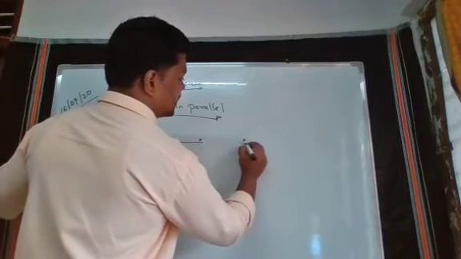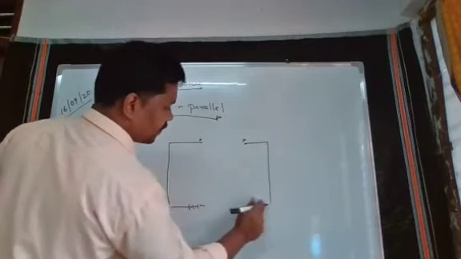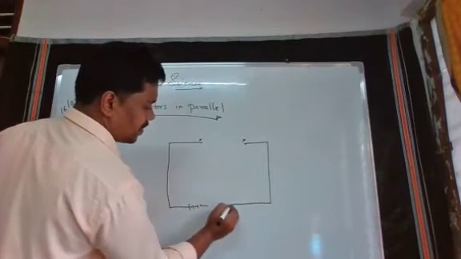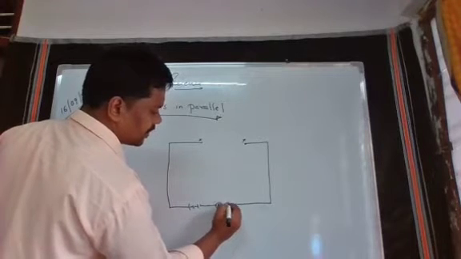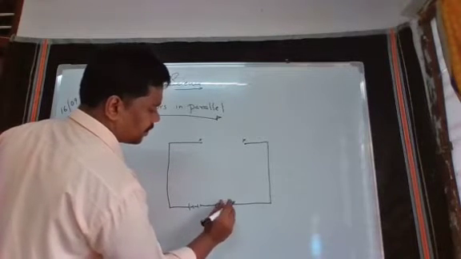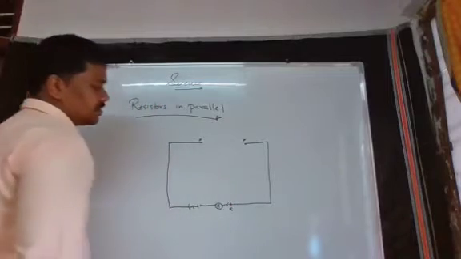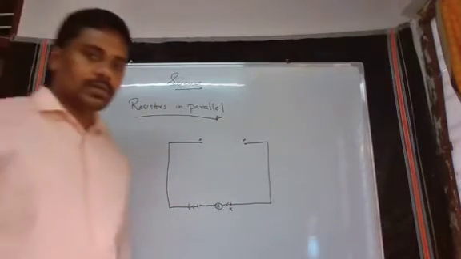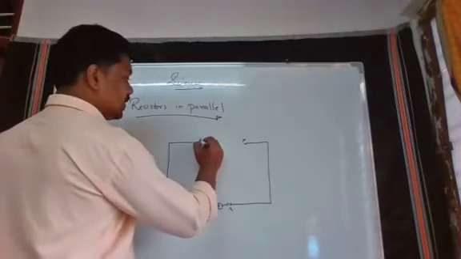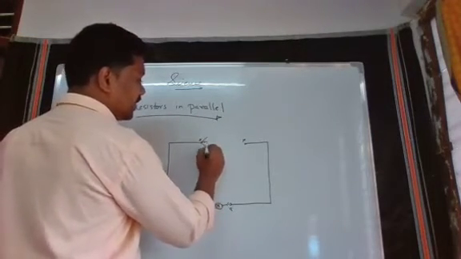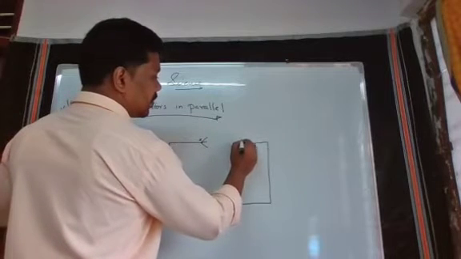And point Y is there. From here, we go with the ammeter and switch key K. And here we are giving the resistors in parallel.